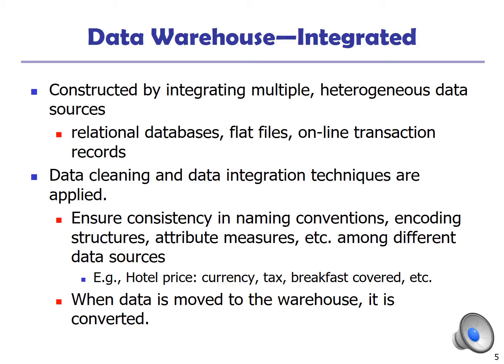So you can integrate different kinds of data sources: relational databases, which form the major part, then simple files or some online transaction records. These are all different sources which are integrated to form our data warehouse data.